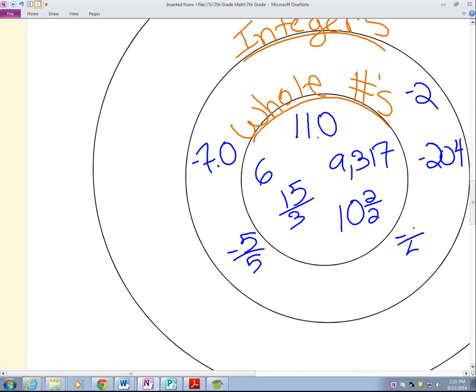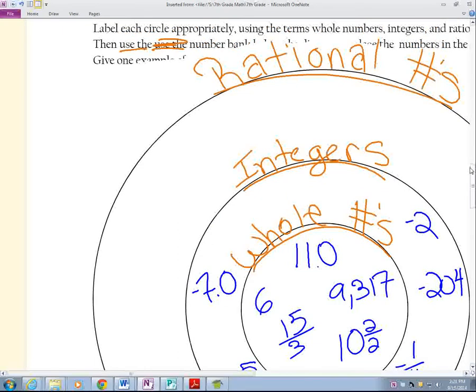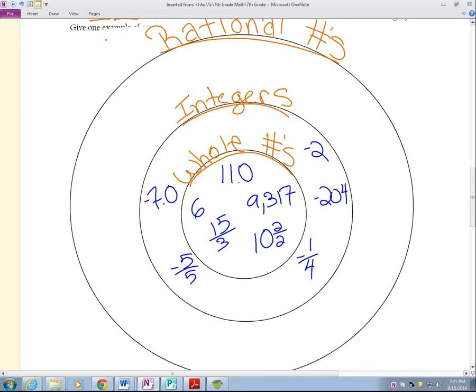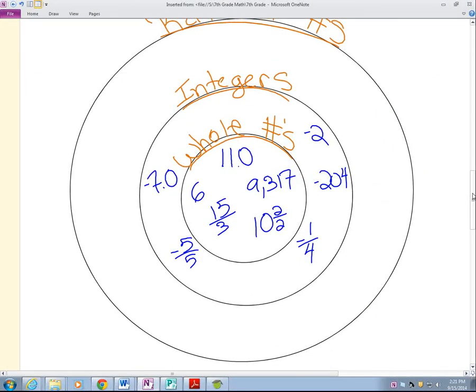Good. Negative 1/4. Then we have rational numbers. So those are all the integers. Now, these are things that are not integers, and they're not whole numbers, but they are rational. So, zoom out a bit. These are all rational numbers.